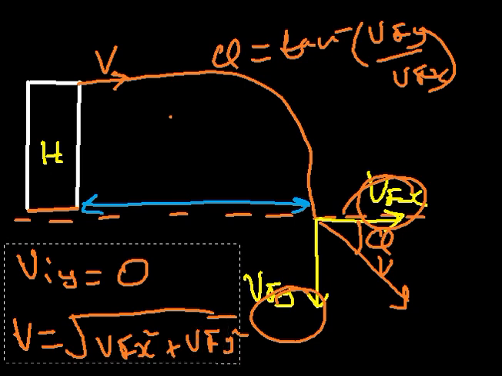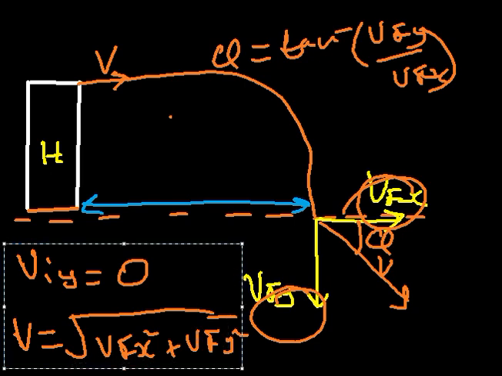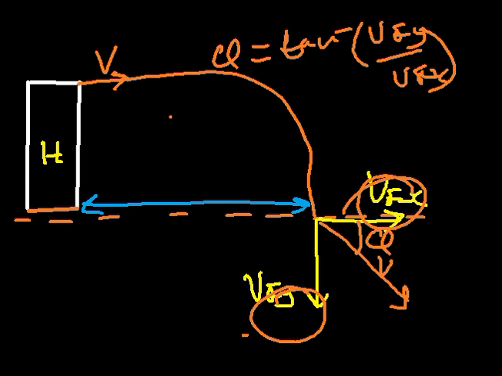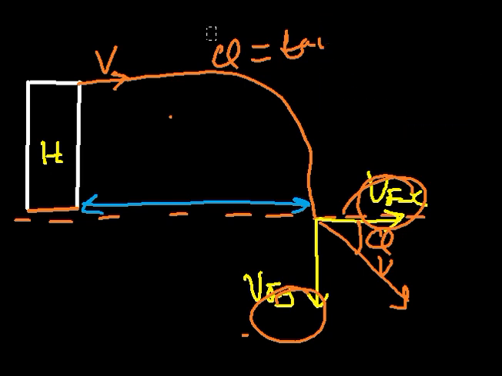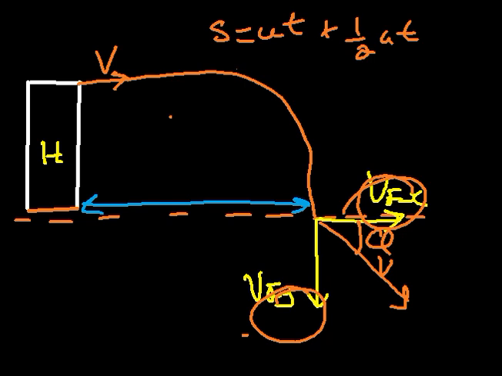So how can you find the height of the building in this case? The height of the building, which is this one, is calculated using the displacement formula: s = ut + half at squared.